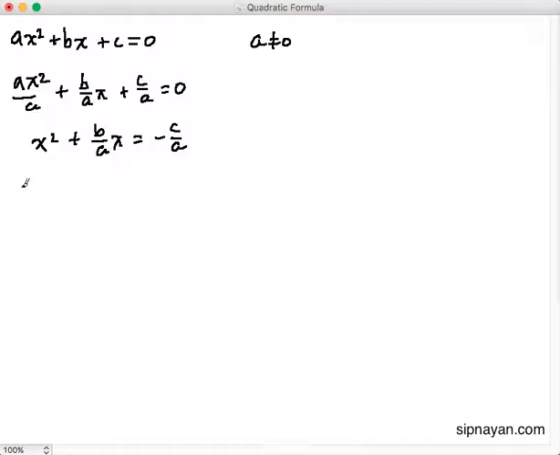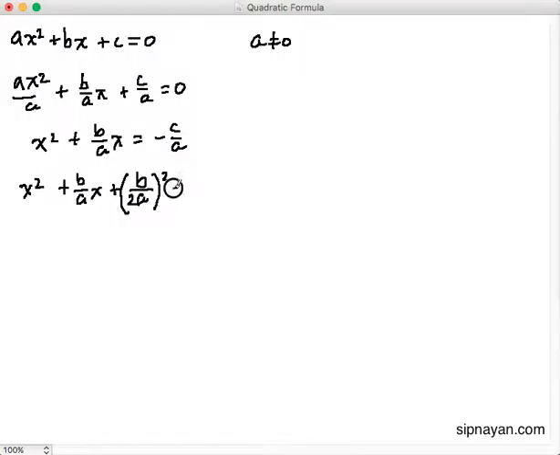So, para ma-complete natin yan, x squared plus b over a x. And then, kunin natin yung coefficient, diba? Kung nagko-complete the square tayo, kunin natin yung coefficient. Divide natin by 2. So, b over a divided by 2, magiging b over 2a, diba? Times 1 half eh. Kaya siya magiging b over 2a. And then we square.